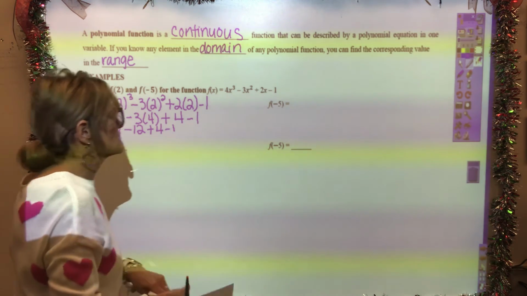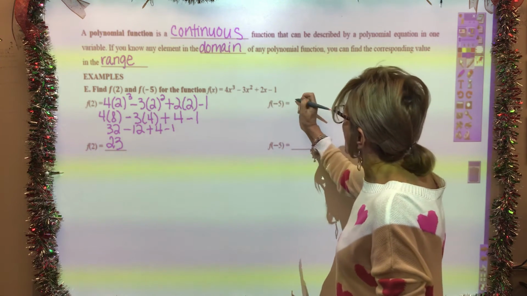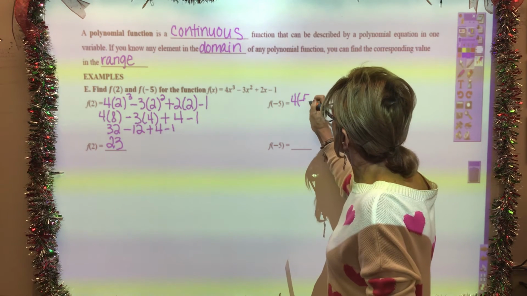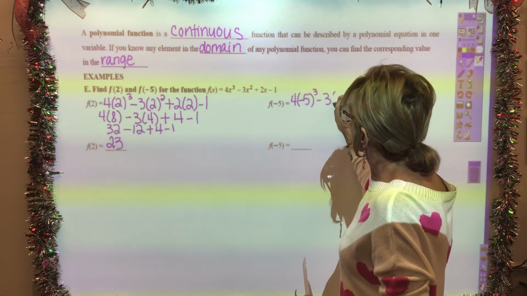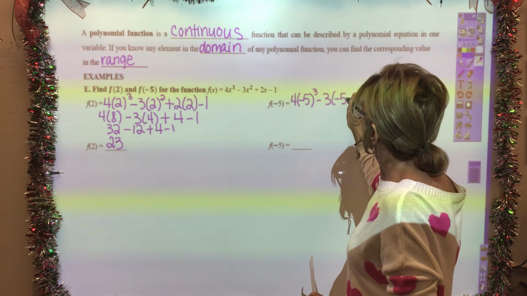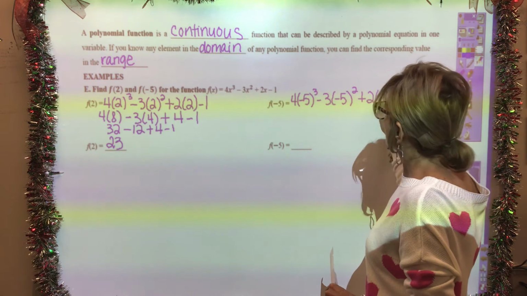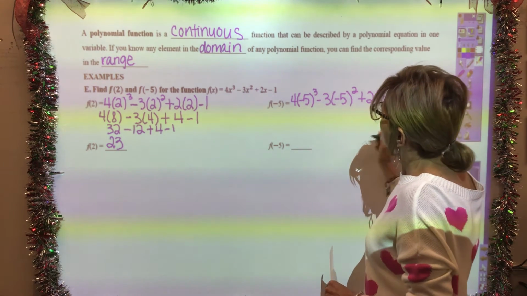Okay, on the second one, we're going to replace the x with a negative 5. So 4 parenthesis negative 5 cubed minus 3 parenthesis negative 5 squared plus 2 parenthesis negative 5 minus 1.